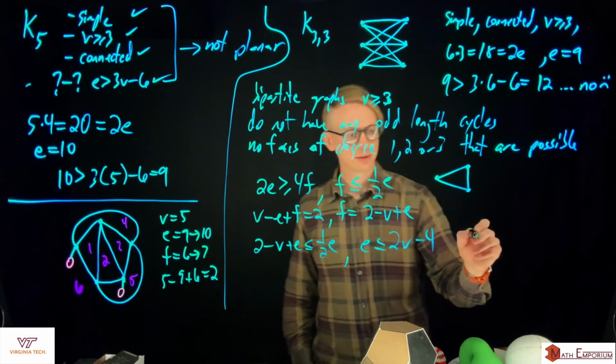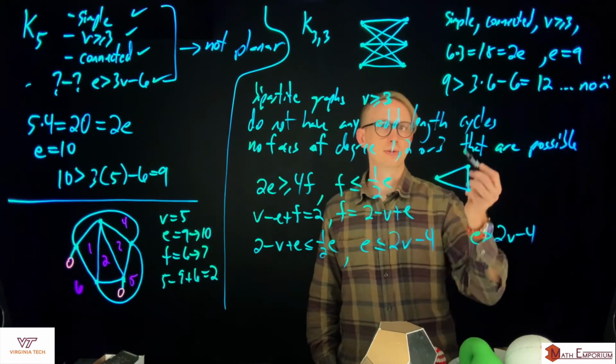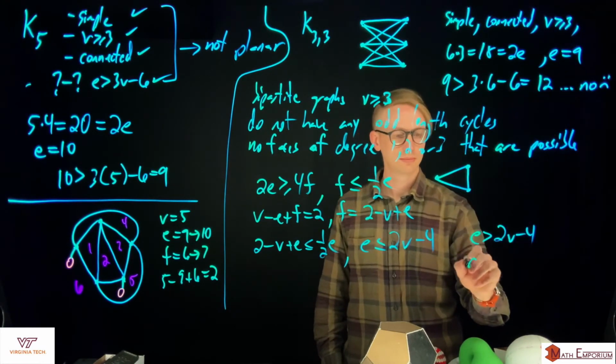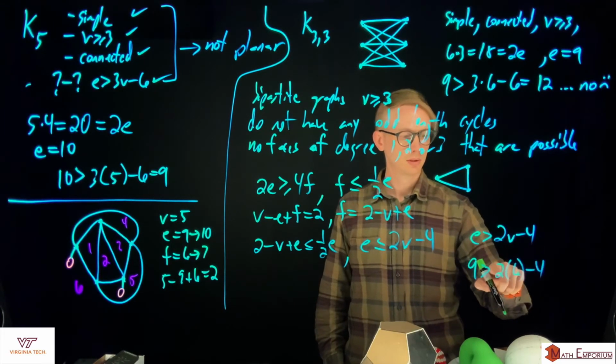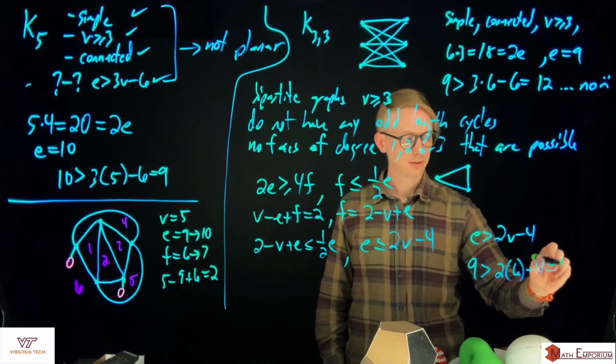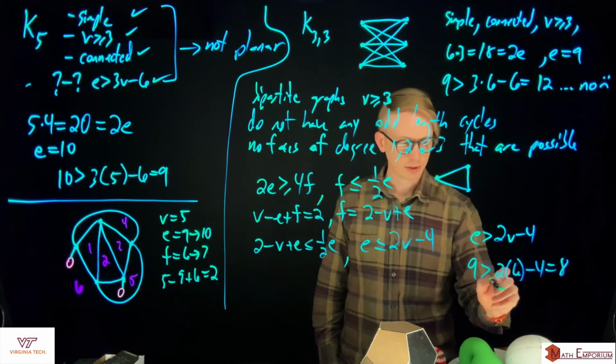So we're going to check to see if e is greater than 2b minus 4. And it is here. So e is 9. We have 6 vertices. 12 minus 4 is 8. Okay, so 9 is greater than 8.